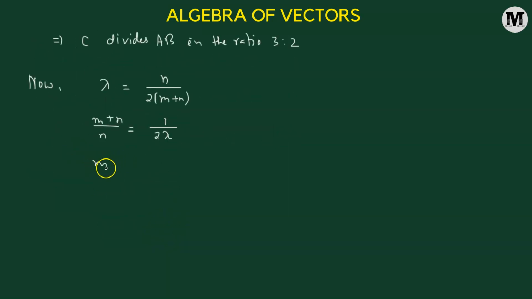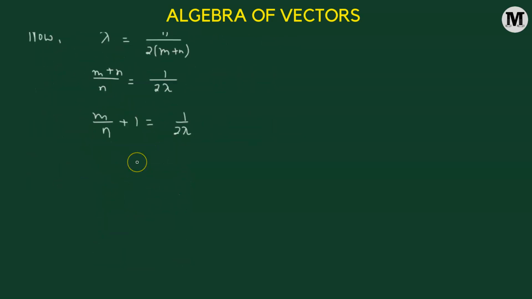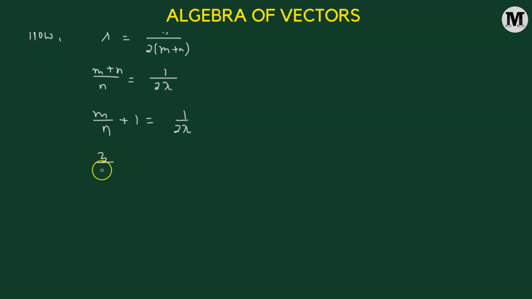So here we have m over n added to 1 equals 1 over 2 lambda. We have already found the value of m is to n, that's 3 over 2. We have 3 over 2 added to 1, which equals 1 over 2 lambda. So 3 halves added to 1 is 5 over 2, which equals 1 over 2 lambda. So that means lambda comes out to be 1 over 5.